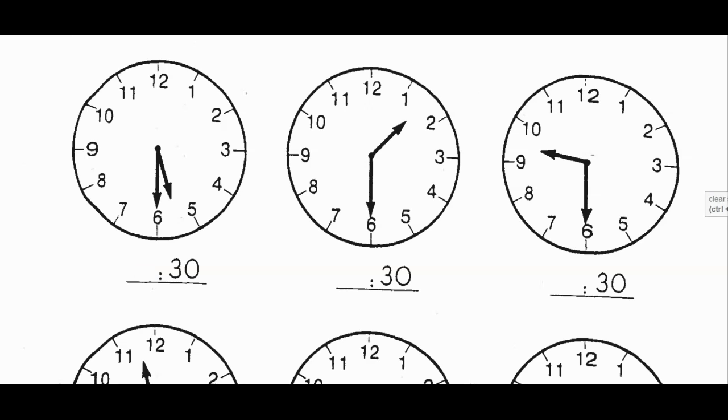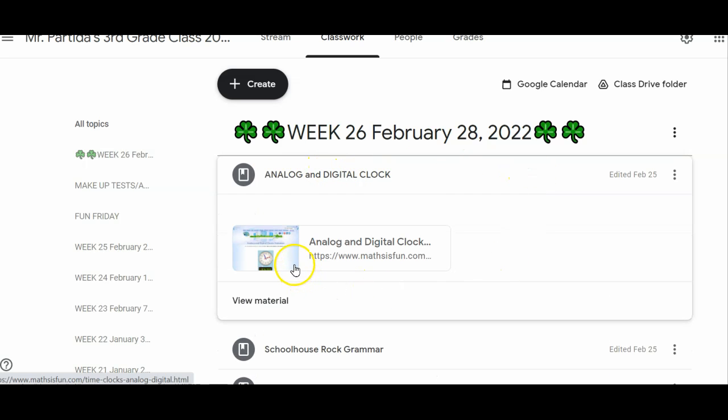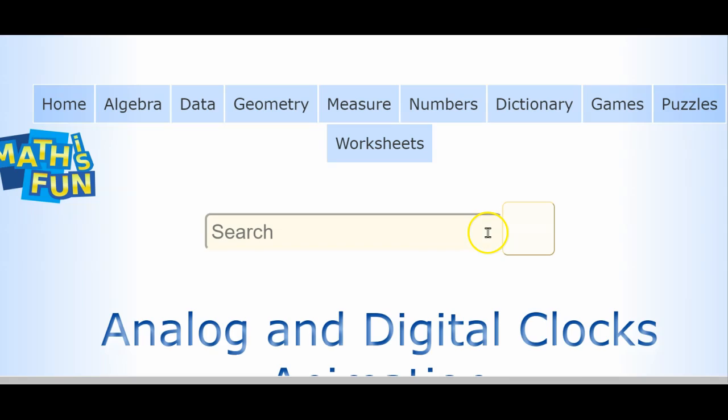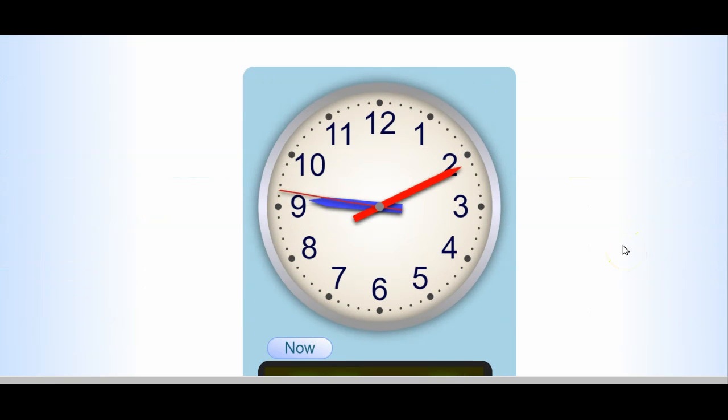Okay. If you go to Google Classroom, look, this is just a material for you, and you click on the link, okay? It takes you to a digital clock right here, okay?